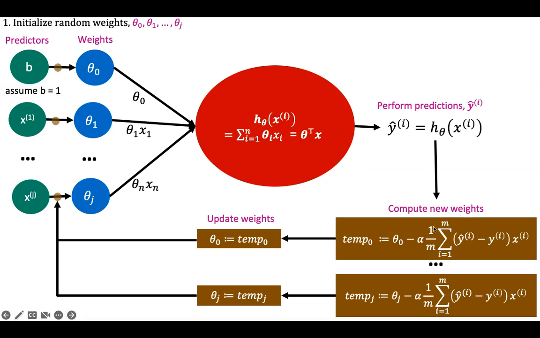And essentially, this is equivalent to taking the dot product of x and the error, okay? I hope you understood that. So after computing the new weights, we will have to simultaneously update the weights and continue again until such time that we obtain a more minimized result. Okay.